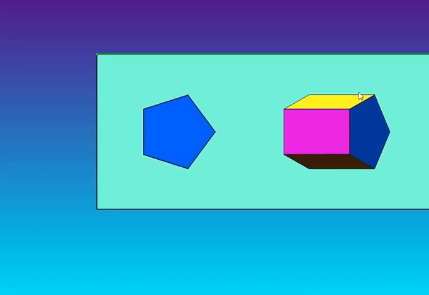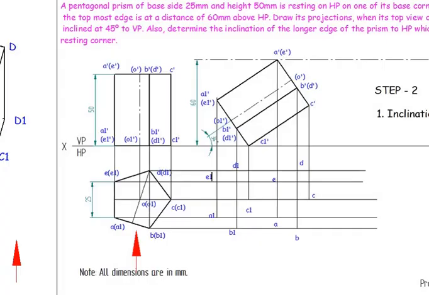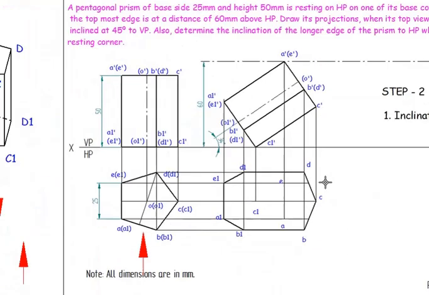Here the outer boundary is visible, so we are going to join the outer boundary of the pentagonal prism. I'm going to remove all these projection lines.